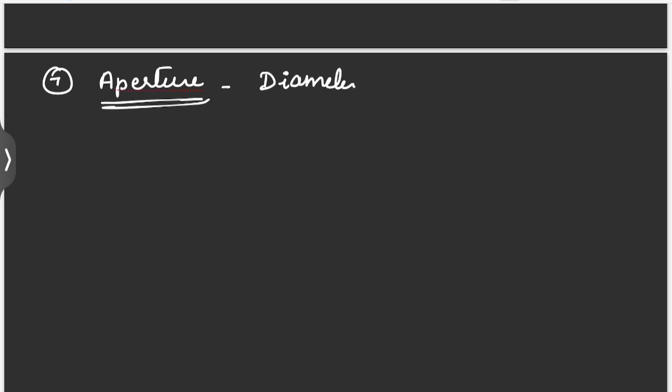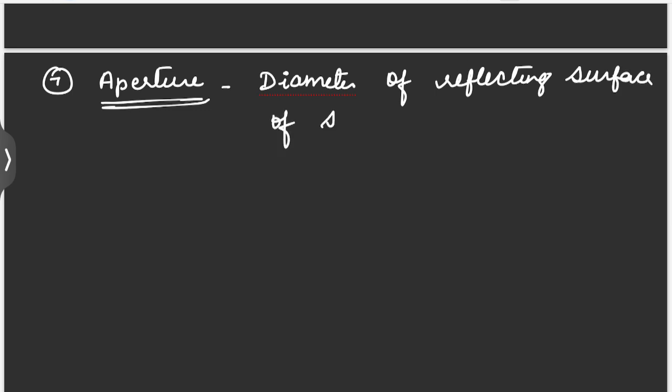So next, the seventh component is aperture. This is a very simple definition. The definition you will be writing is: the diameter of the reflecting surface of a spherical mirror is called aperture.